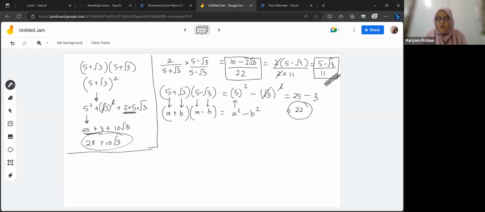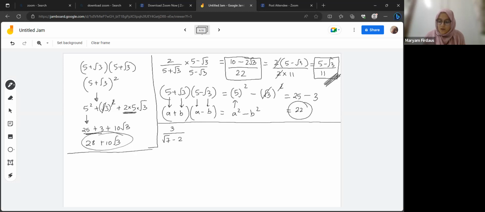Okay. So now let's do another question. A similar question. Let's do it together. Let's have 3 by root 7 minus 2.